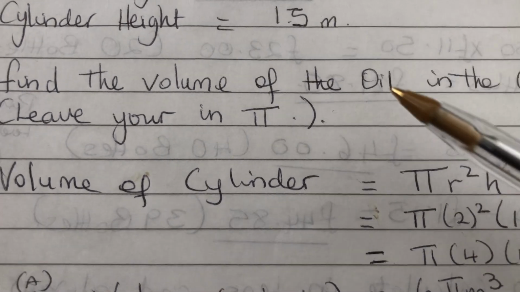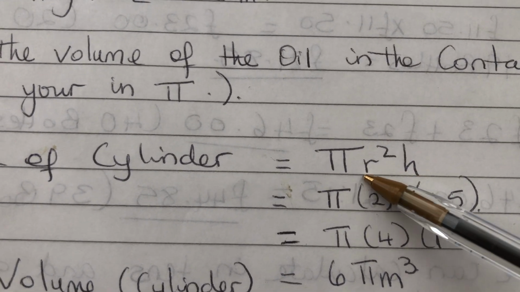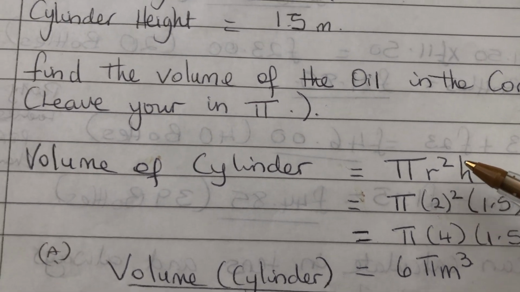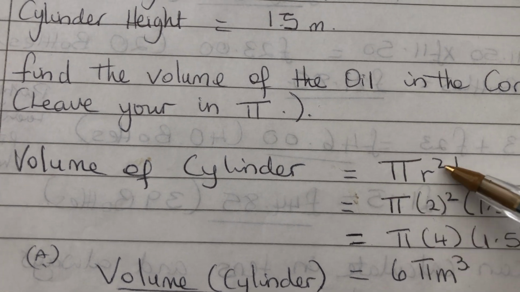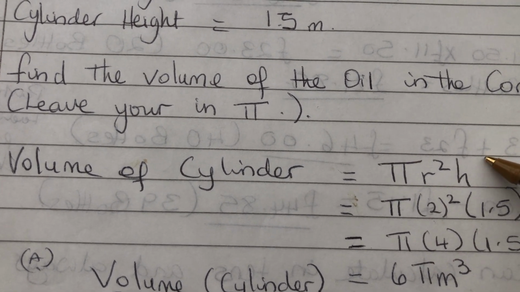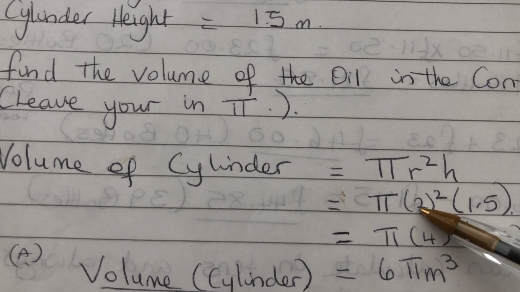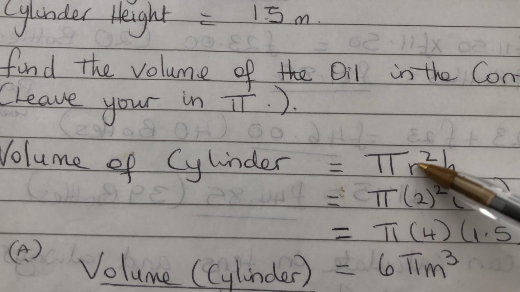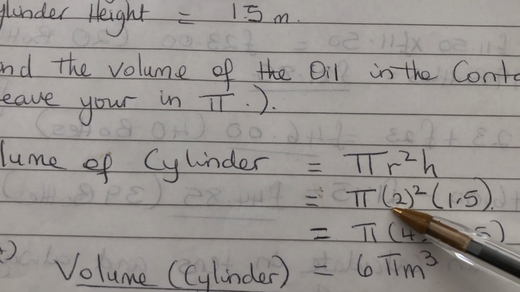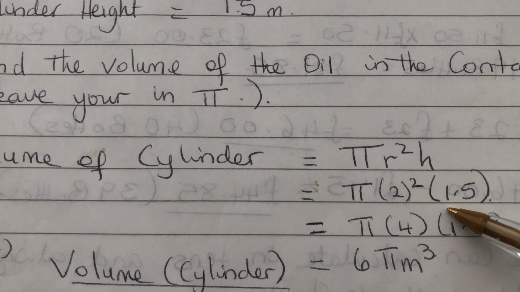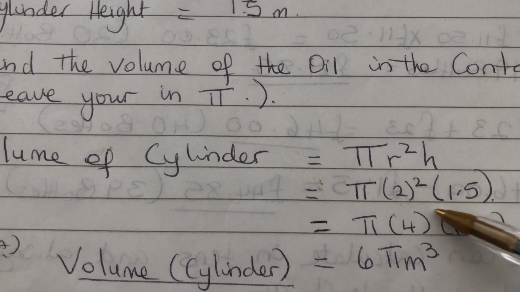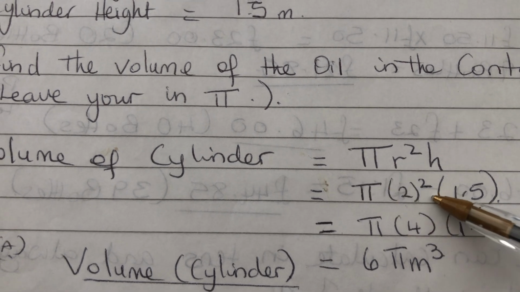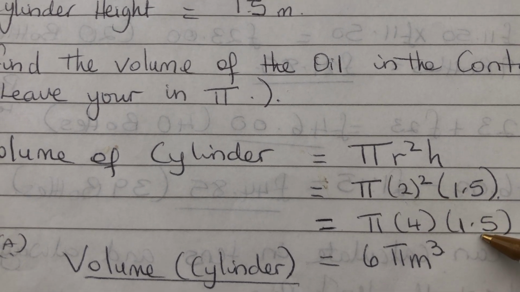So the volume of the cylinder is pi r squared h. As you watch this video, you can put these things on your flashcard if you don't have them already. So r squared, we've been given the diameter, which is 4, so our r is half of 4. The cylinder height is 1.5. Note, everything is in meters, so the volume will end up being in meters cube.